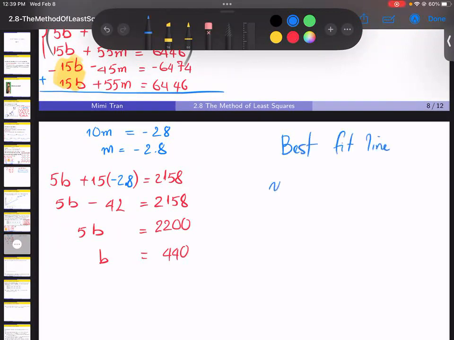So my best fit line is y equal mx plus b. M is -2.8, plus 440.